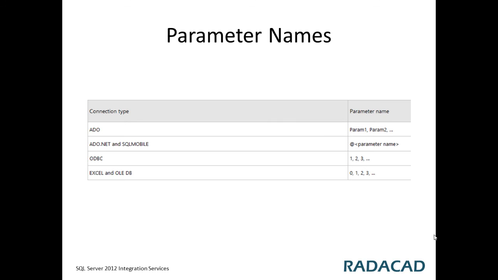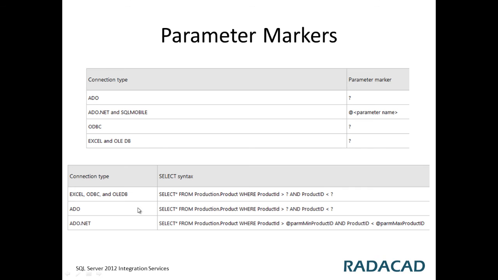And for parameter names, you have different signatures. If you use OLEDB as we used in our sample, you need to set parameter names as 0, 1, 2, 3. For example, for this statement, the first one is 0, the second one is 1.